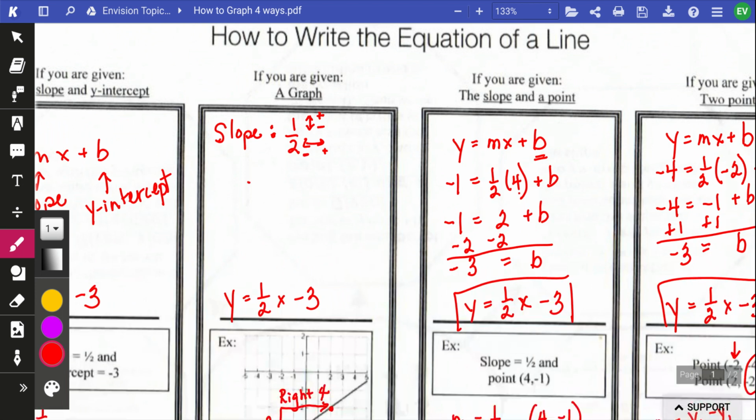Remember that if my slope is -1/2, that means only one piece is negative. So -1 over +2, or +1 over -2. And the third thing that you need to remember is that if I have a positive slope, for example, 1/2, that means that both pieces are either positive or both pieces are negative. Okay, so I hope that helps.